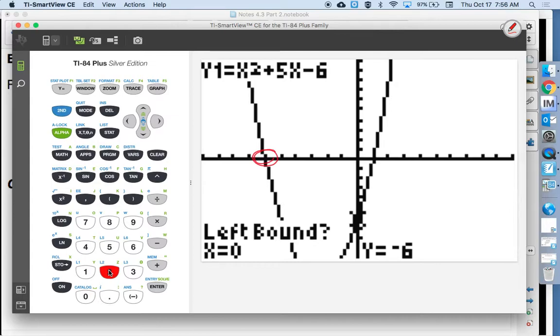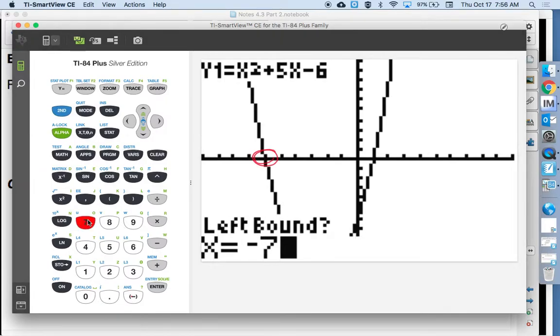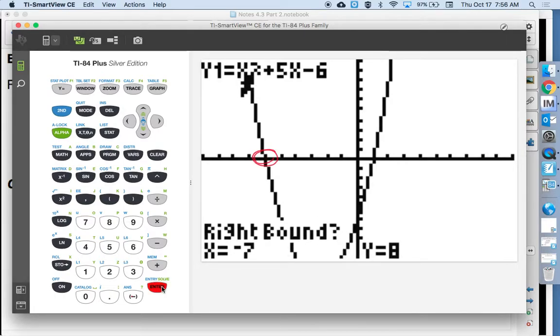So if this is my intercept, and we said it was -6, for my left bound I'm going to put a number slightly to the left of it. So I'm going to hit -7. I need a number to the left of where I think my x-intercept is. Then I hit enter, and you get a little caret arrow at the top.